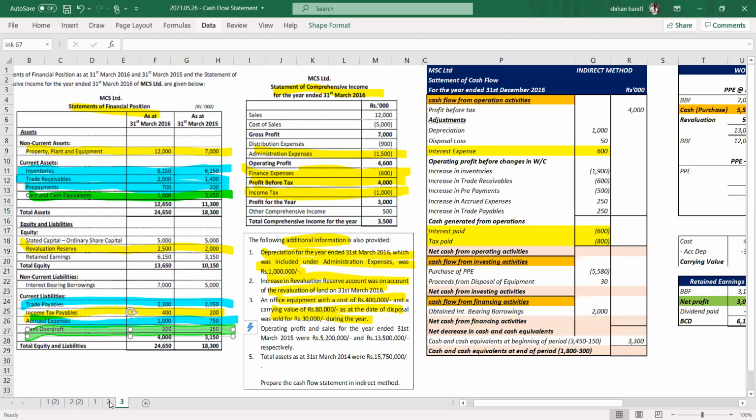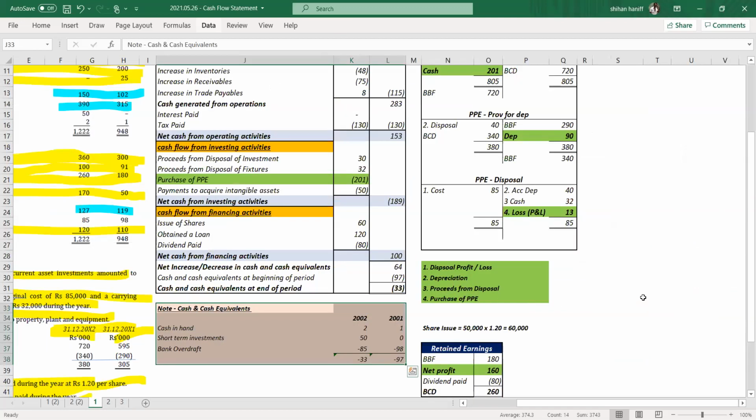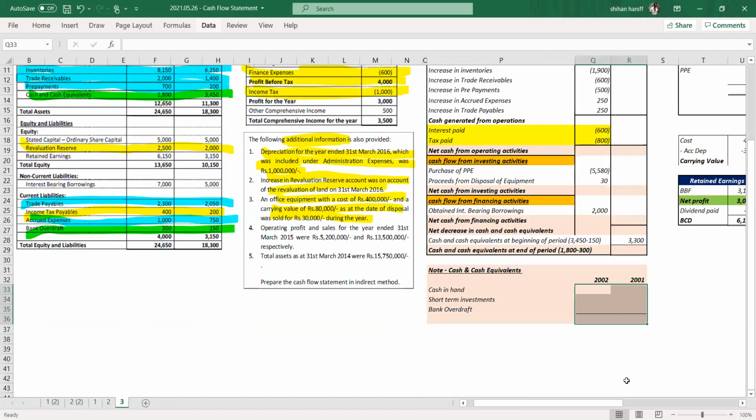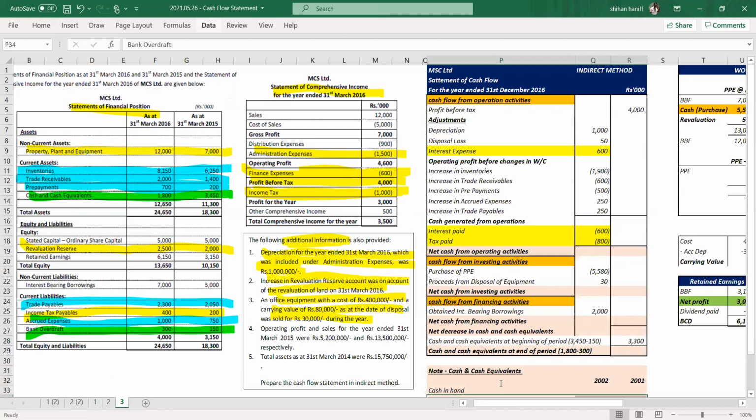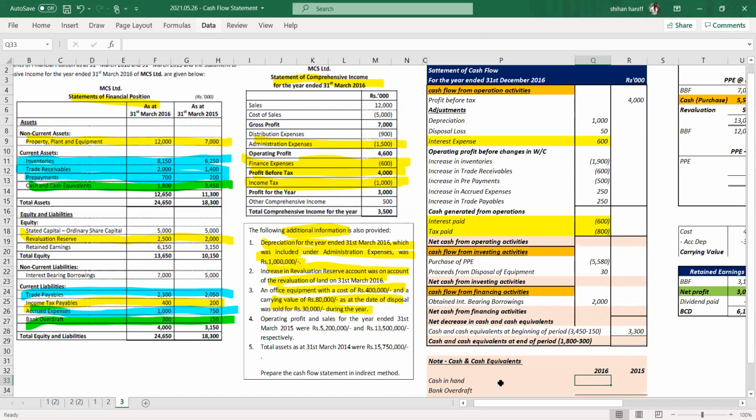Because when you are calculating, like earlier, we are taking the note. Like 2015, 2016. Cash and cash equivalent, 3,450, 800.